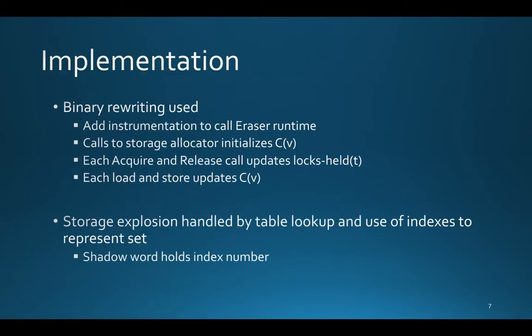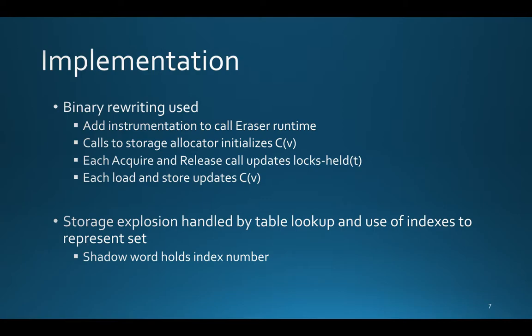So let's go to the implementation. In this implementation, we have binary rewriting used. It modifies the program binary to produce a new binary that's functionally identical but includes calls to the Eraser runtime to implement the lockset algorithm.